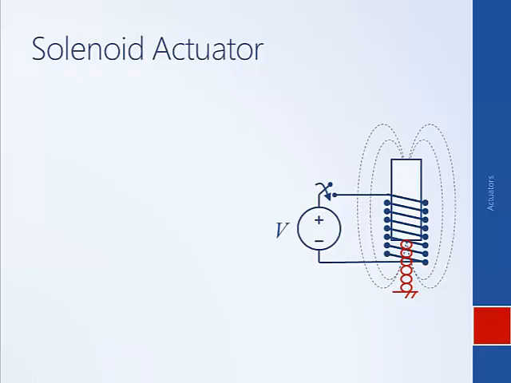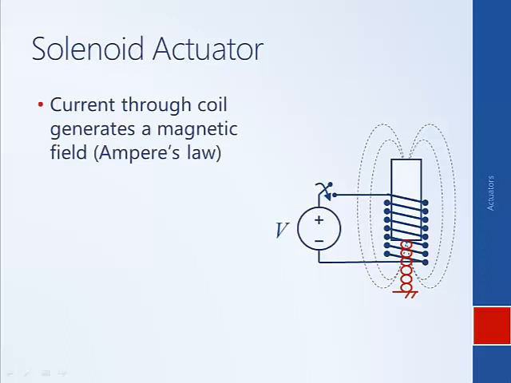One example of an electromagnetic actuator that's very common is the solenoid. The way that it works is it has a coil of wire, and the current flowing through that coil generates a magnetic field. So when this switch is closed, current flows through the coil and it generates a magnetic field represented by these dashed lines.